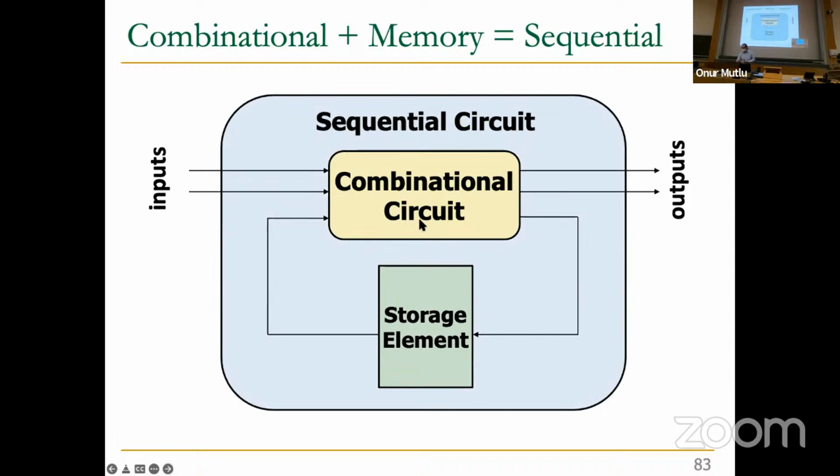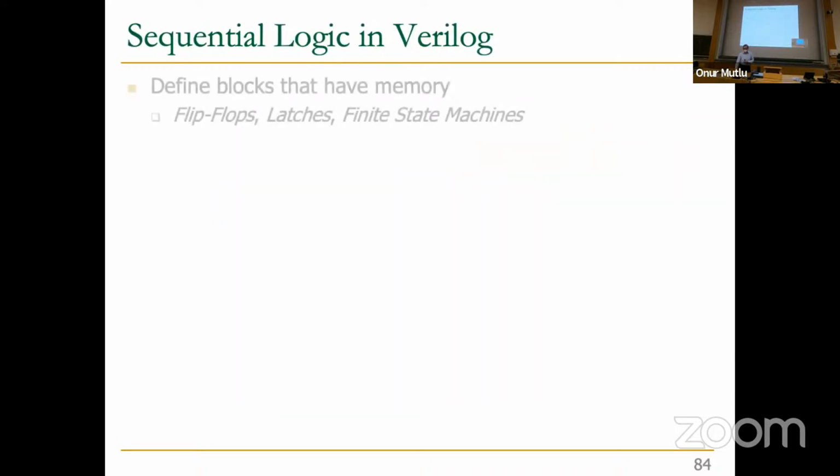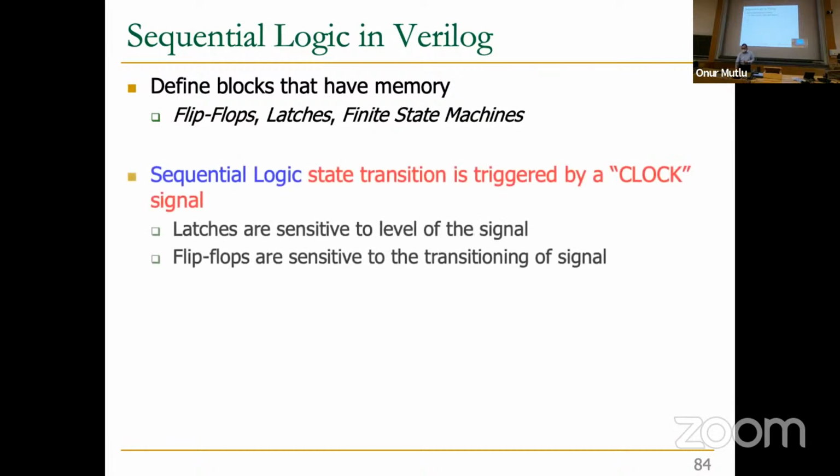It's a combination of storage elements and combinational circuit, and we covered this in detail in the last lecture, lecture 6. Now we're going to build this in Verilog. So basically, in Verilog, you can define blocks that have memory, flip-flops, latches, and finite state machines, clearly. And that's what we want to build using sequential logic.